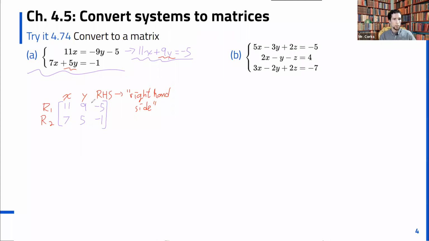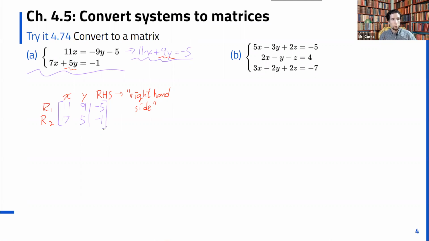If we want to remind ourselves where the equal sign is in the equations that are represented in the matrix, then we can put this vertical line between the coefficients for the variables on the one side and the constants from the right-hand side on the other side of that line.